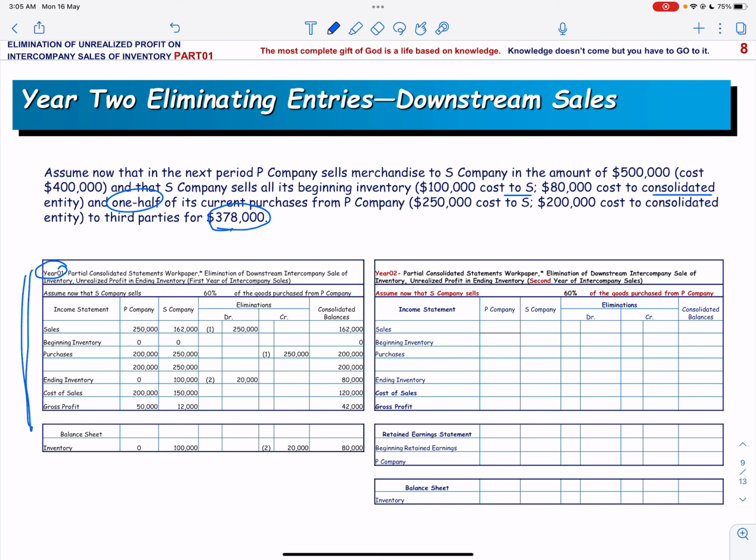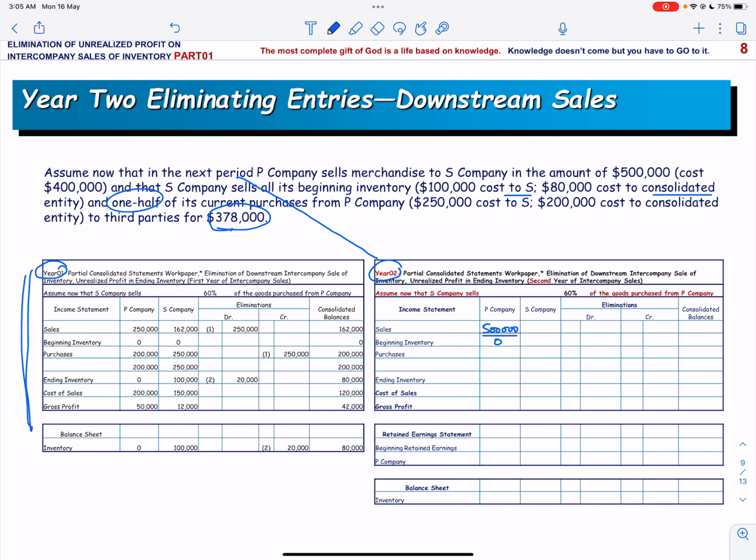So this is for year number 1, and this is what we have done in the previous slides. And now we are going to prepare the income statement for year number 2, that is the next period. So the sales is 500,000. The beginning inventory is 0.